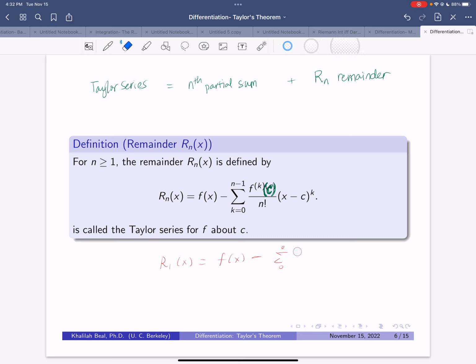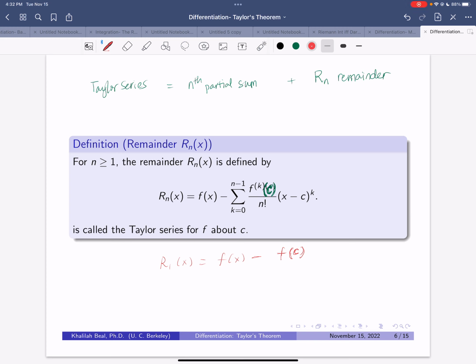So this will just be the 0th derivative. So that's just f of c over 0 factorial times x minus c to the 0. X minus c to the 0 is just 1, right? And 0 factorial is just 1.